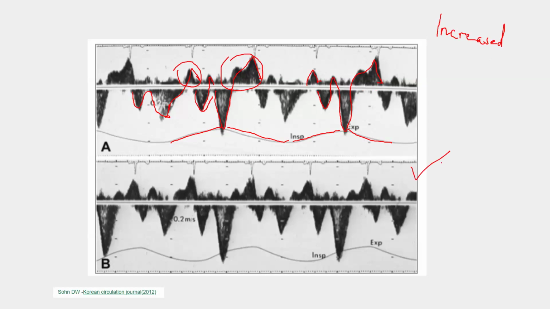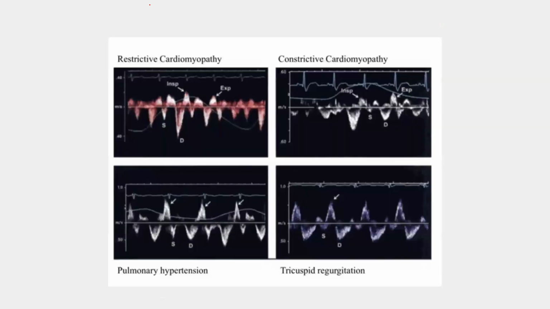This is constriction. Okay? Look at the restrictive cardiomyopathy. Look at the D. This is D. Sorry, look at the reversal. The reversal is this one. Compare this reversal with this one here. What are we seeing here? The reversal increased during what?